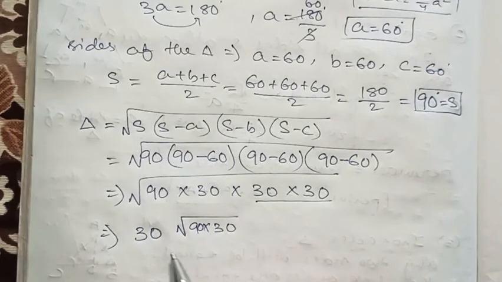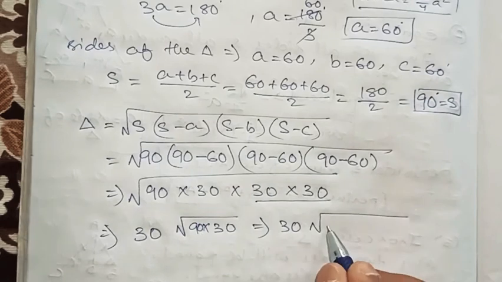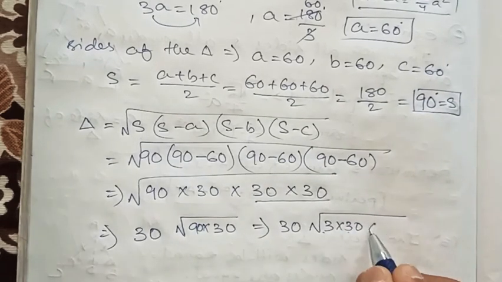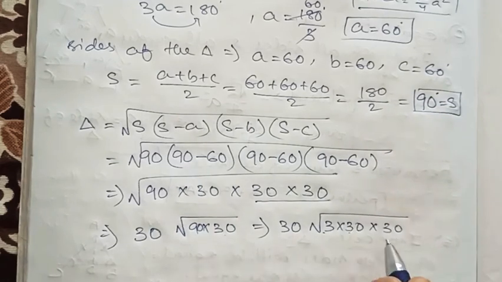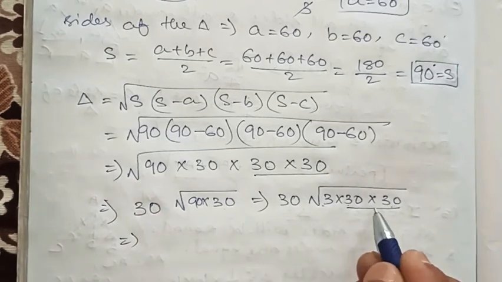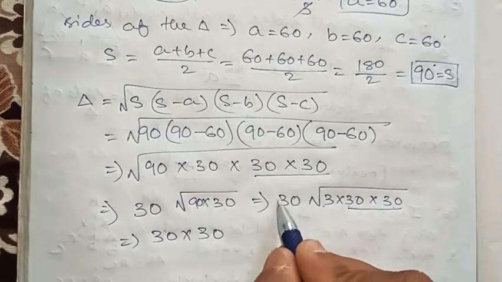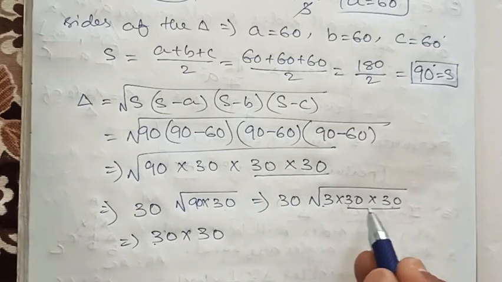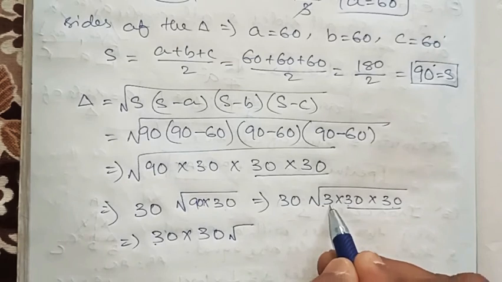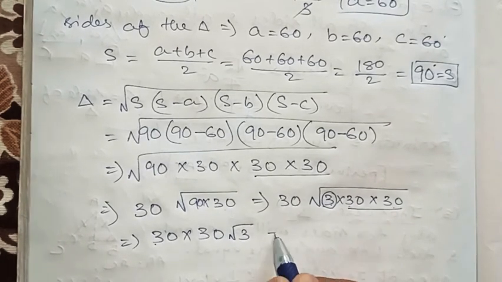Now 90 can be written as 3 into 30, 3 threes are 9, so 90 into one more 30 is there. Out of these two 30s, again one 30 I will take outside the square root. So what is left inside the square root? This 3 is single, so it will be left inside the square root.